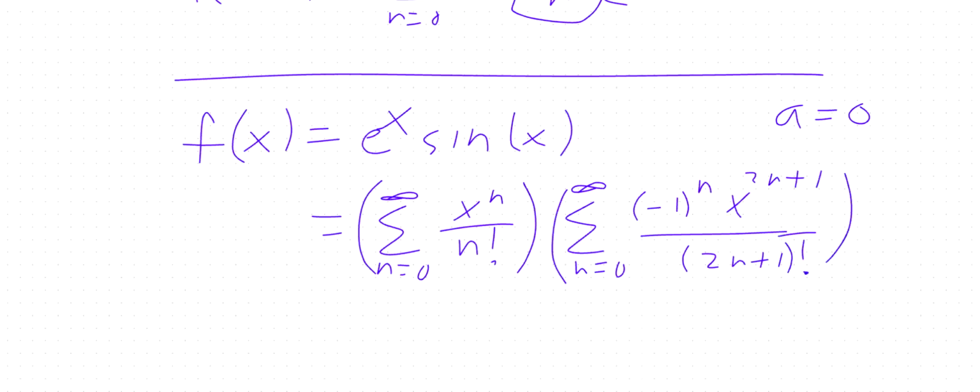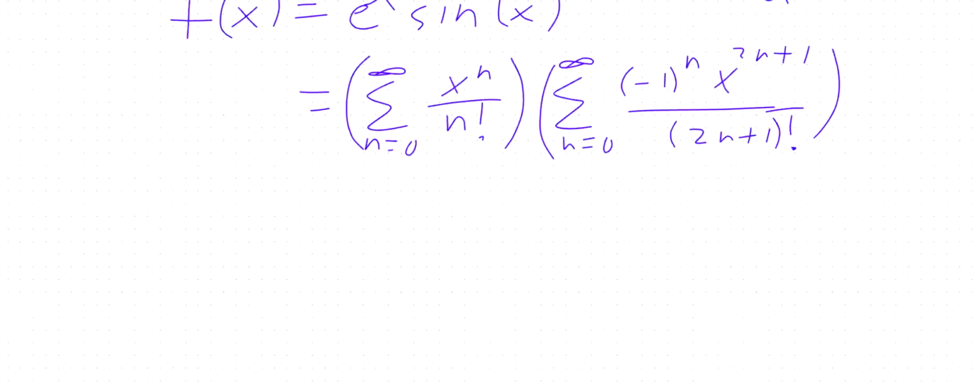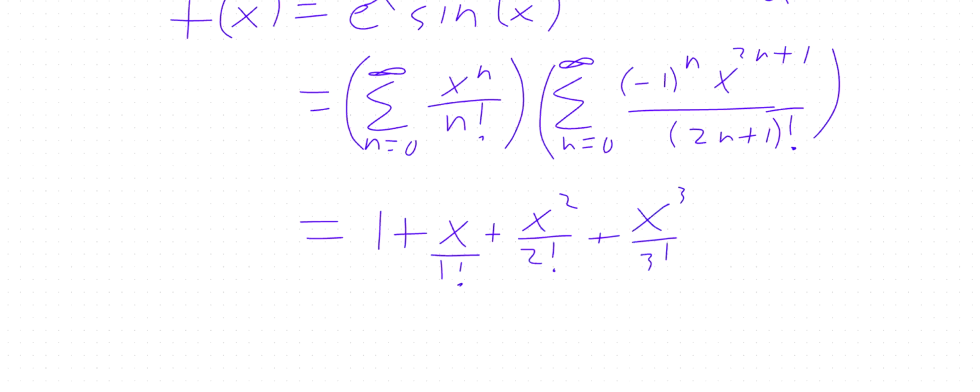But now what we can do is multiply out, or actually evaluate these, do our summations. So 1 plus x squared over 2 factorial. And you can put this one over 1 factorial if you wanted to. Plus x cubed over 3 factorial, and so on.